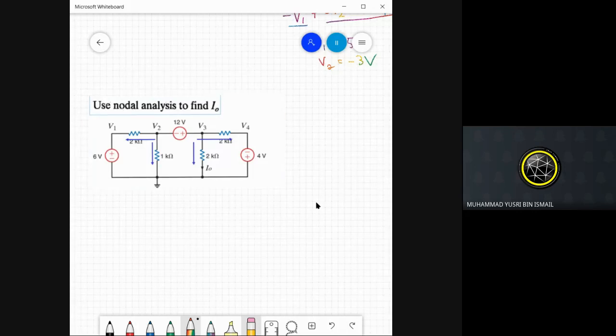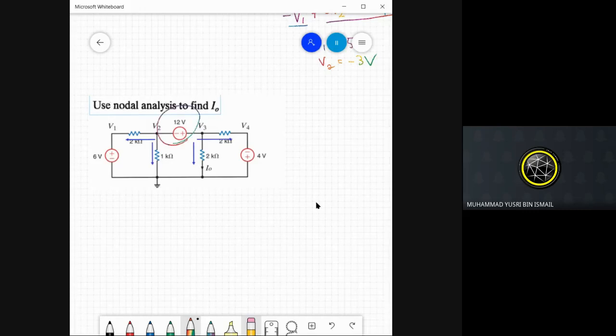Okay. Now, this question is this arrangement of circuit is a little bit different. Okay, because you basically have a voltage, at 12 volt, at this part.